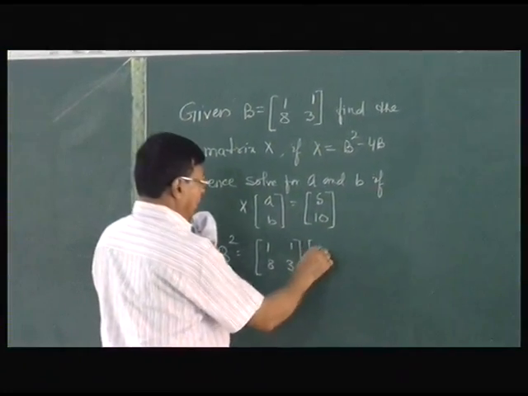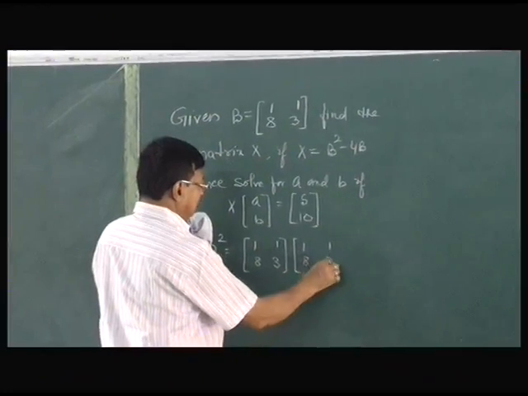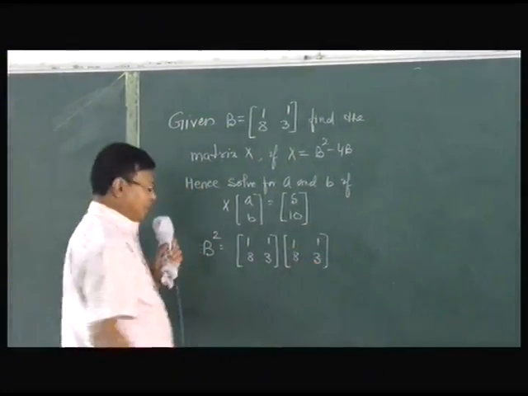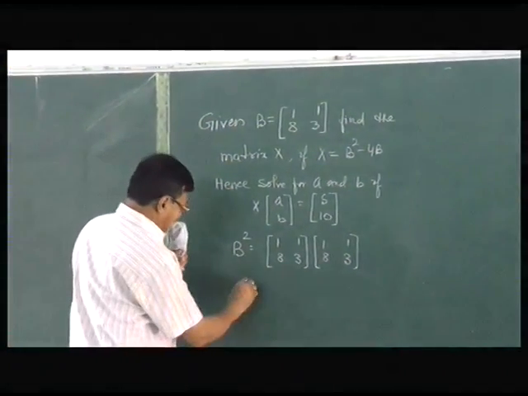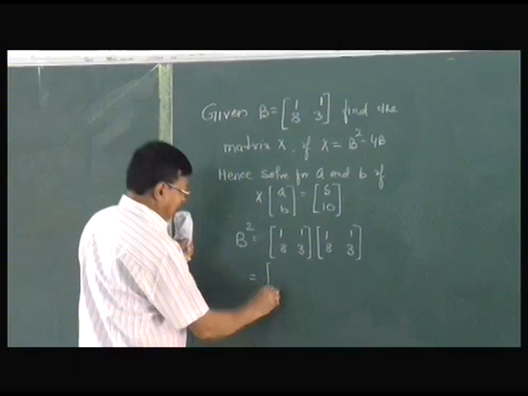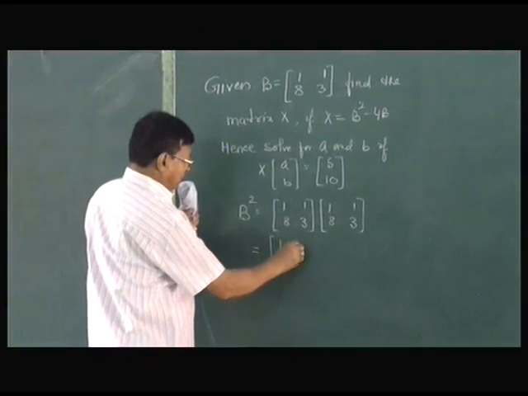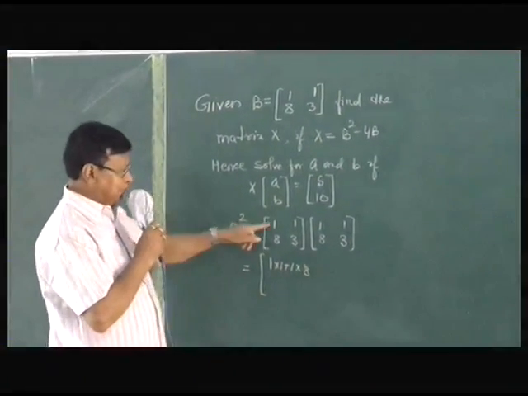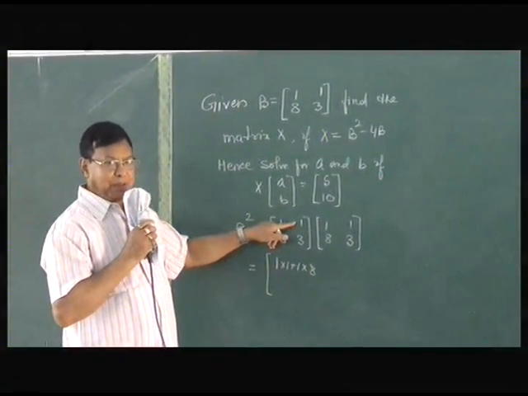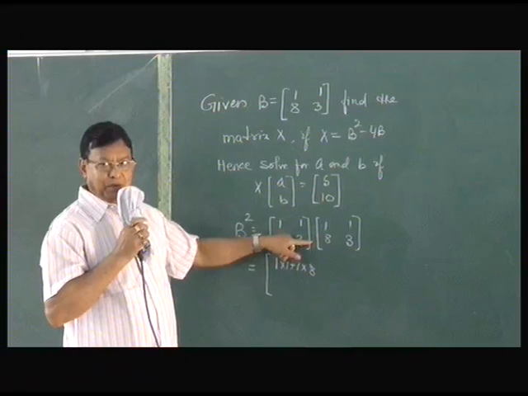into 1183. So multiplying B with B, not squaring the element. So this is 1 into 1 plus 1 into 8. Now look, first row 1 1 multiplied with the first column 1 8.